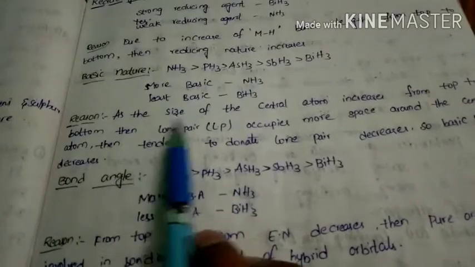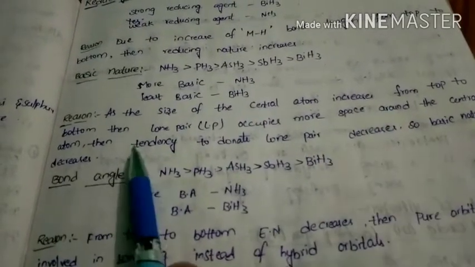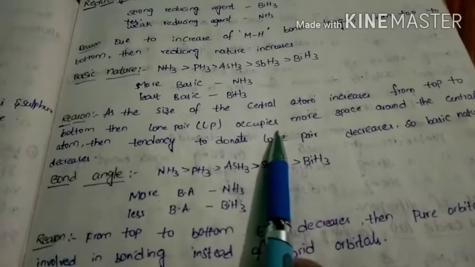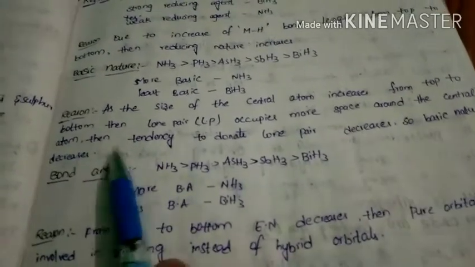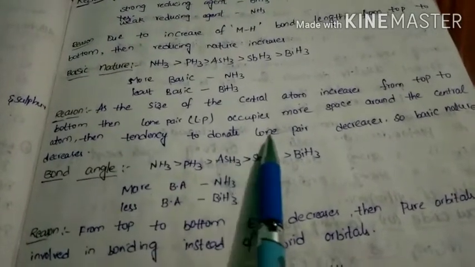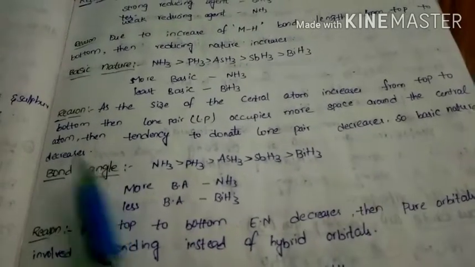The reason: as the size of the central atom increases from top to bottom, the lone pair of electrons occupies more space around the central atom. Then the tendency to donate lone pair decreases, so basic nature decreases.